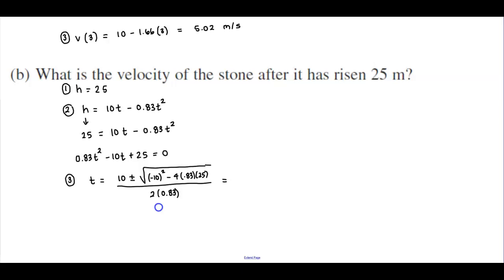Well, then this gives us 10 plus or minus the square root of 17, all over 1.66, which gives us two approximations, 3.66 or 8.51.